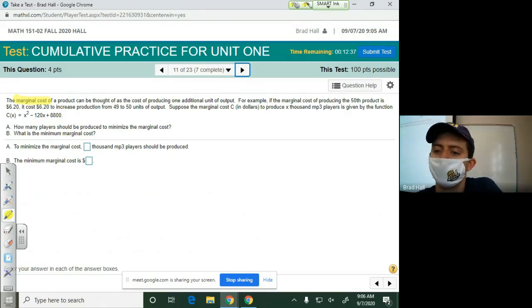And if anything, what I want you to notice is this quadratic equation. X squared minus 120x plus 8,800. I think we can all agree that's a quadratic. And then notice what it says afterwards.